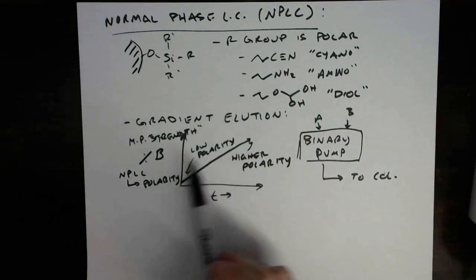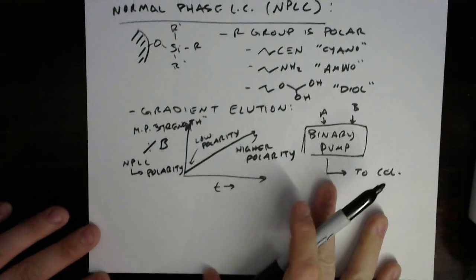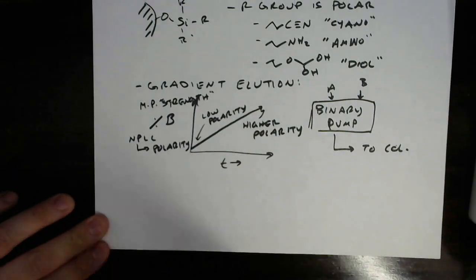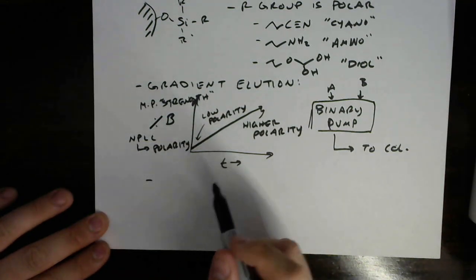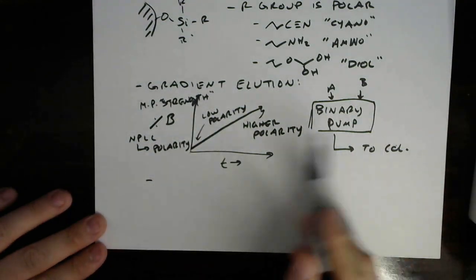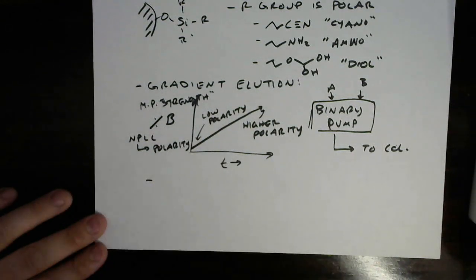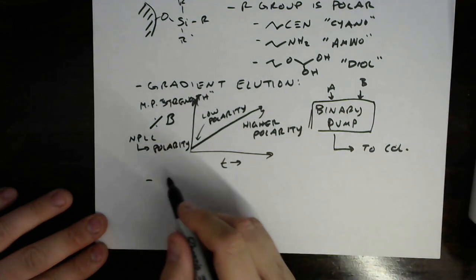Okay, so let's talk about what we do to start with a low polarity and get to a high polarity. We have to think about how we choose a mobile phase for a system like this. There are essentially two key requirements that a mobile phase has to meet, especially in a gradient elution system like this.